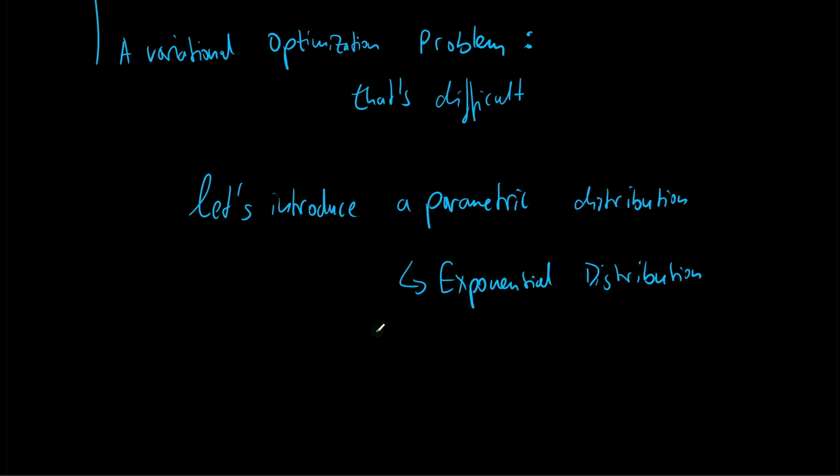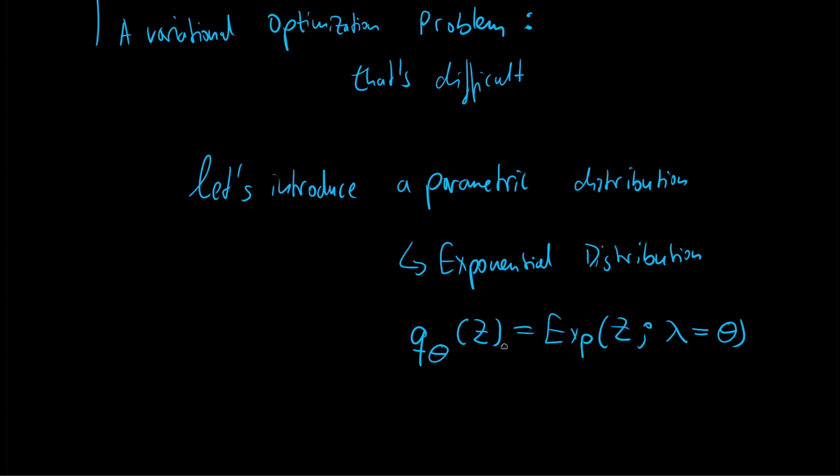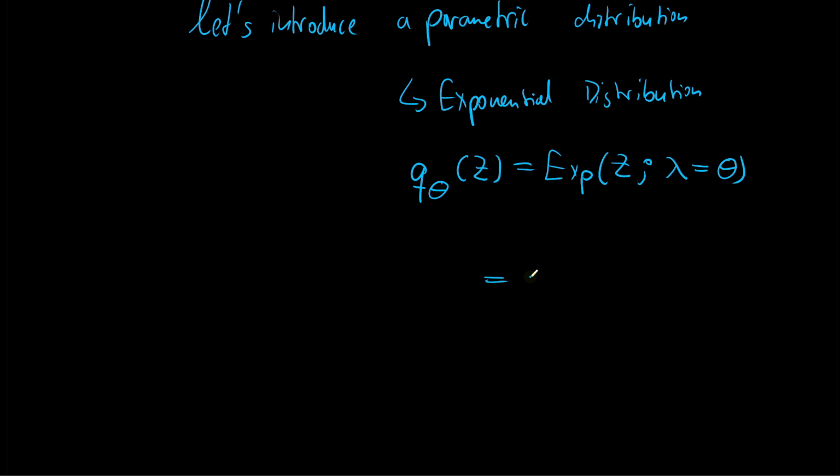So that makes our surrogate posterior a distribution parameterized by the parameter theta. So Q theta of z is going to be an exponential distribution on z, and its lambda parameter is going to be theta. So that's just a complicated way of saying that here we have a distribution that is theta times exponential of minus theta z if z is greater or equal 0, and 0 otherwise.